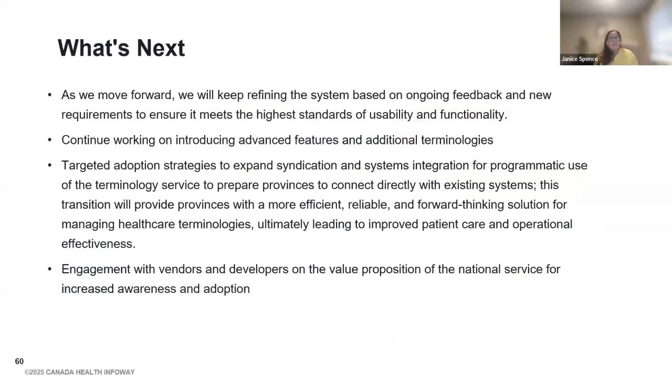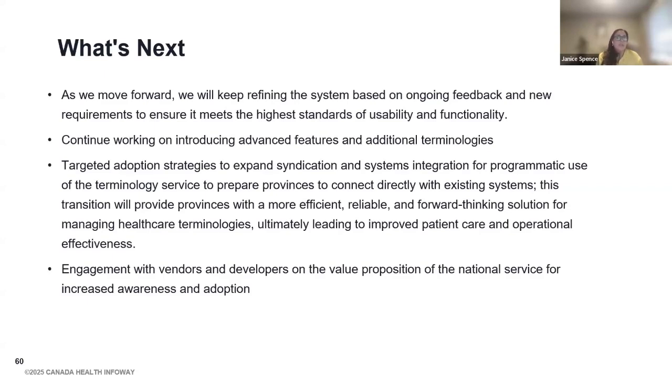So quickly, we just want to touch on what's next. We aim to continue to refine the system, to continue to elicit feedback from users on what's working and what the gaps are, and then work in turn with our partners to develop those advanced features, as well as adding additional terminologies and code systems as required.